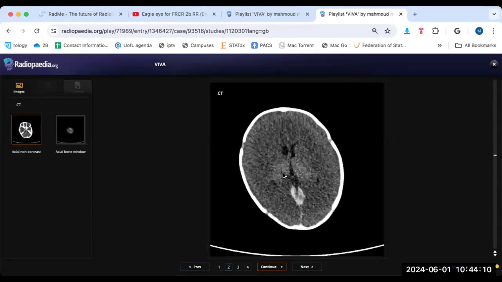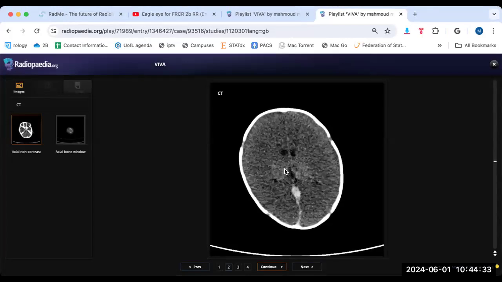Is there any other abnormality other than the hyperdensity? I can see there is evidence of hyperdense subdural collection, and there is mild midline shift to the right side.